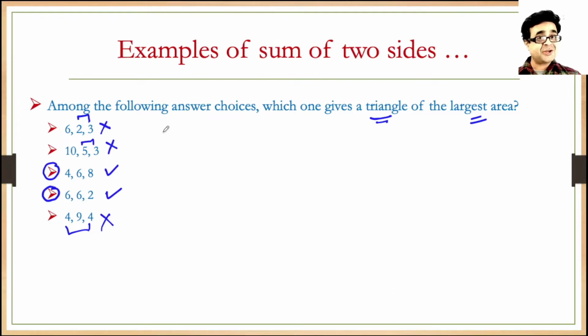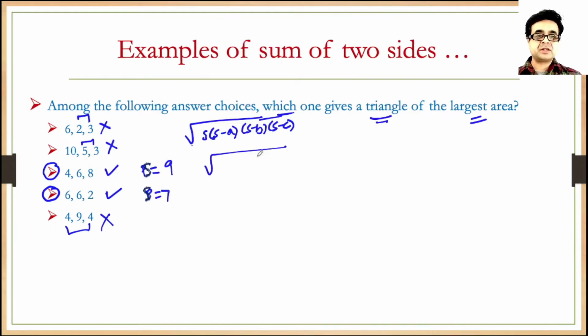Now, remember Heron's formula? You can revert back and actually go and check it. Heron's formula says that my area is equal to the root of, it's a long formula, but we can apply it very, very quickly. S is half of the perimeter. For 4, 6, 8, the perimeter is 18, so S is 9, and the formula looks like 9 multiplied by 9 minus 4, which is 5, multiplied by 9 minus 6, which is 3, multiplied by 9 minus 8, which is 1.